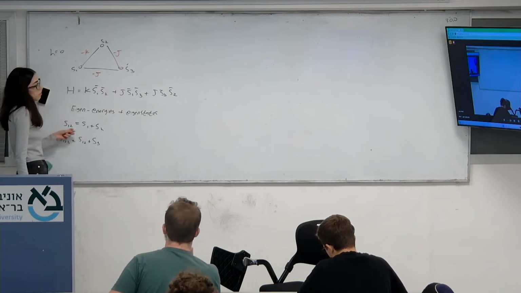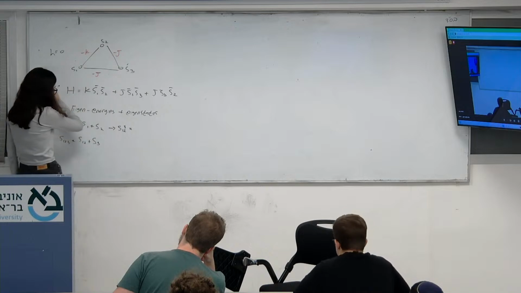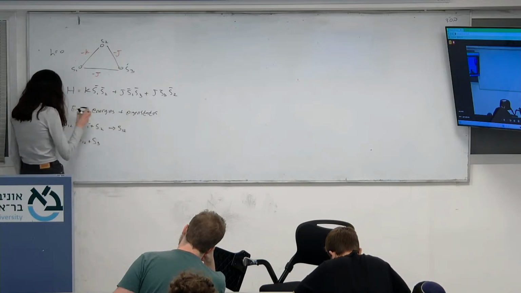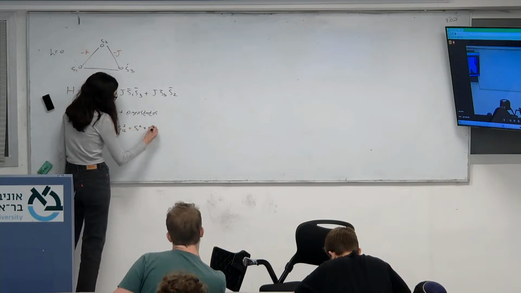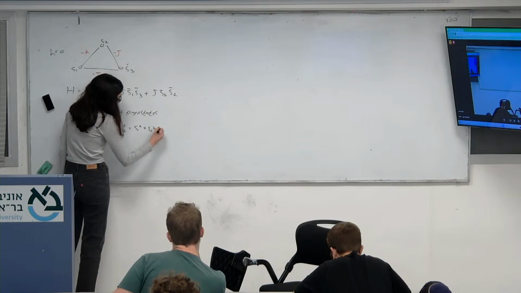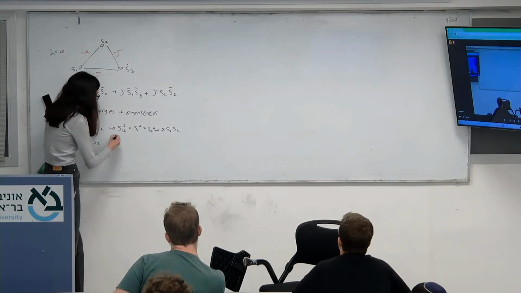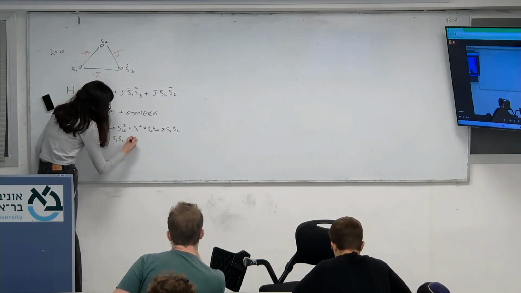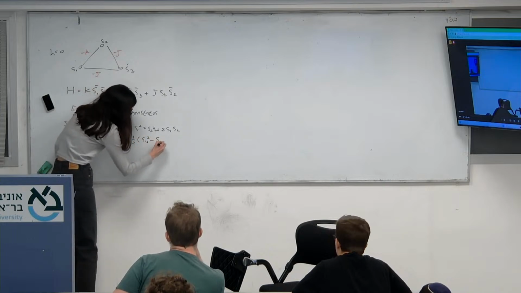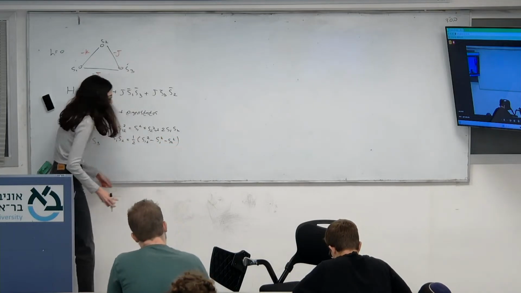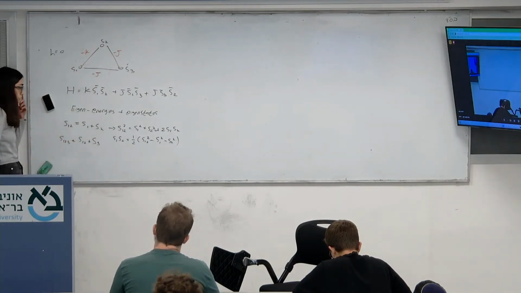If I define S12 in that way, then S12 square is S1 square plus S2 square plus 2 S1·S2. Therefore, I can write S1·S2 as half of S12 square minus S1 square minus S2 square. All of those are operators that I know how to diagonalize, so this is much better to work with.